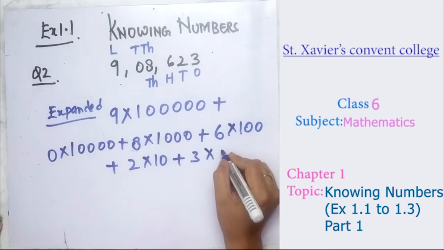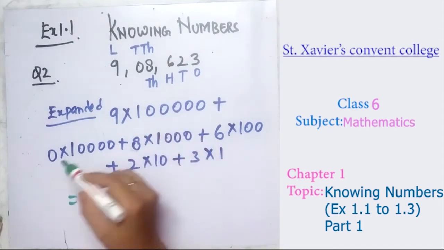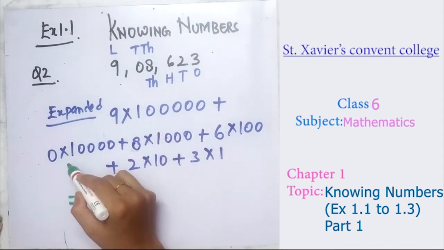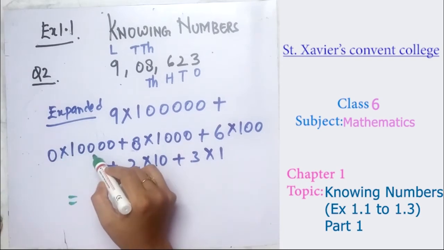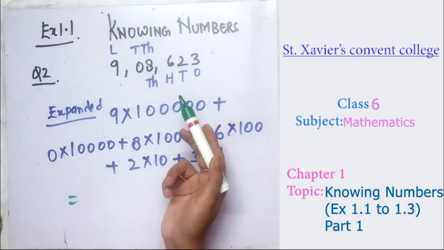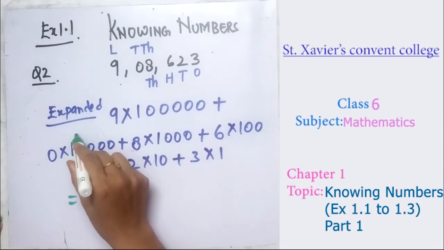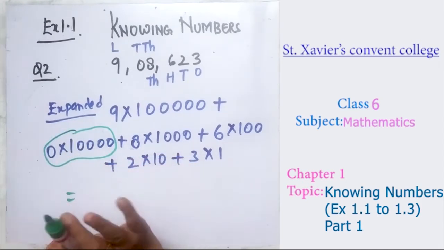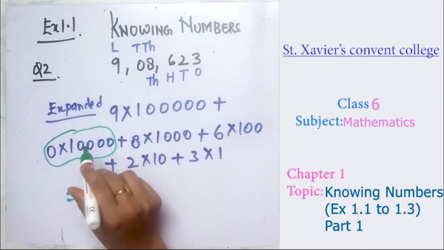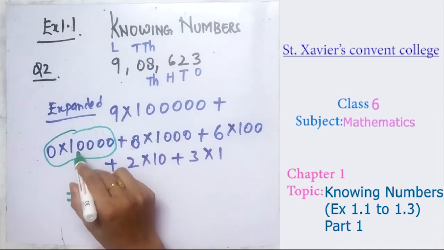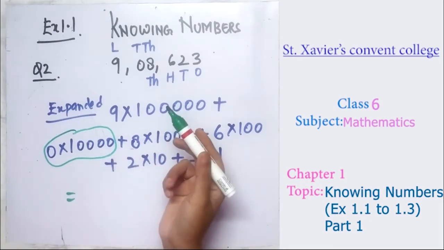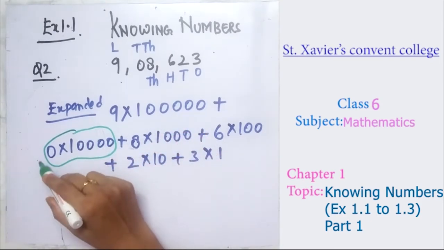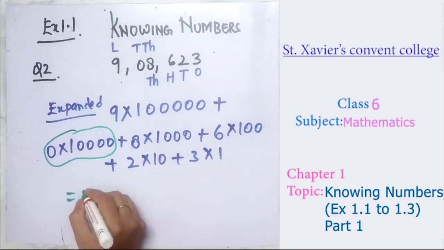Next, after 3, the 3 occupies the ones place, so 3 into 1. Now you can see that here is a 0. If you multiply any number with 0, you will always get 0, so there is no need to write that expression.